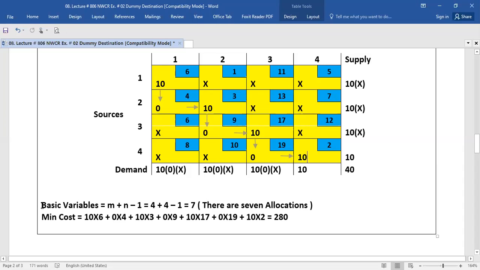So if we calculate the basic variables, 4 rows plus 4 columns minus 1, there is 7. 7 are the basic variables. When there are 4 rows, 4 columns, you will have 7 basic variables. It means there will be 7 allocations.